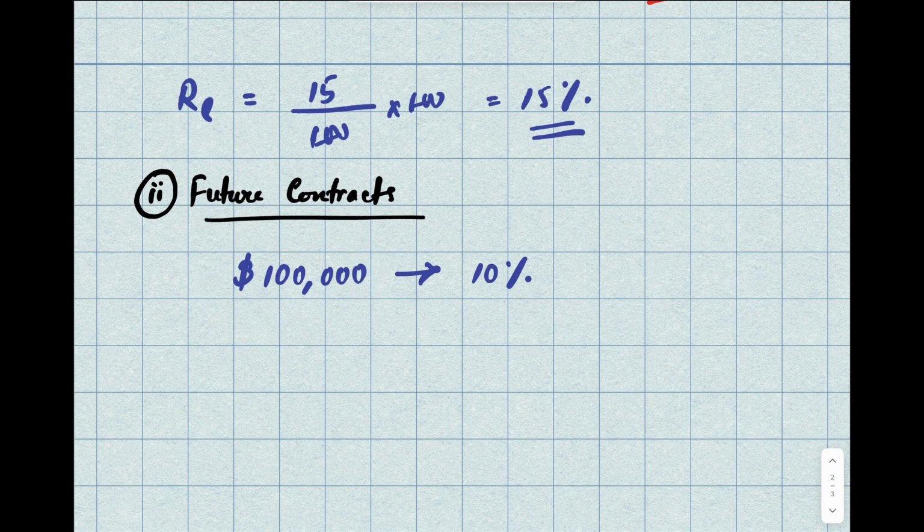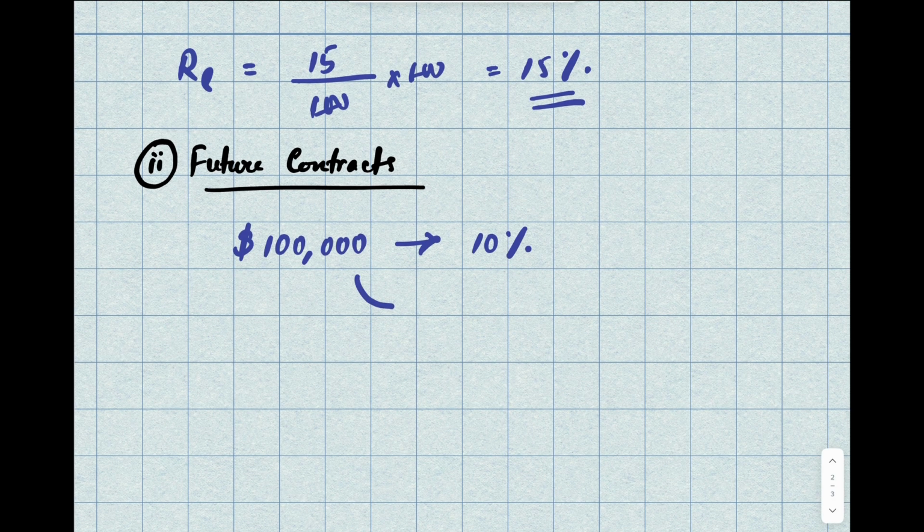So you only need to put margin money. Margin money of, say, 10%. Don't get confused with this 10. I'll just write it in another place. So you need to put margin money. You need to deposit it with the stock exchange.